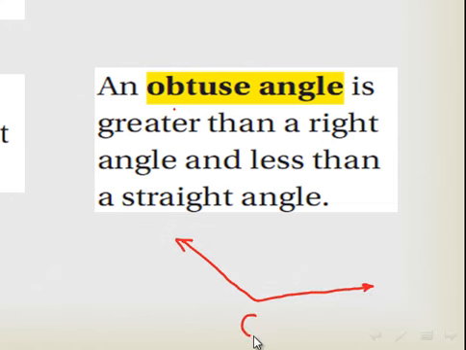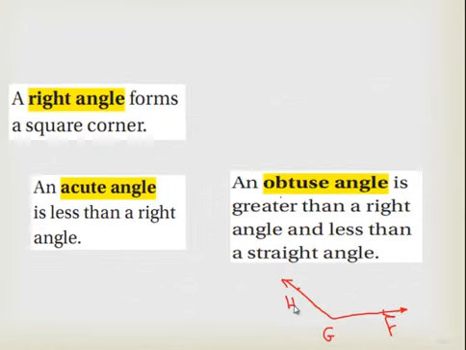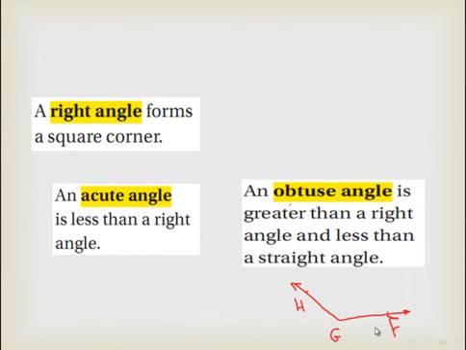Maybe I'm gonna name here the vertex G and any point here F, and another point here H. So the angle is HGF. You should name it like this, HGF.